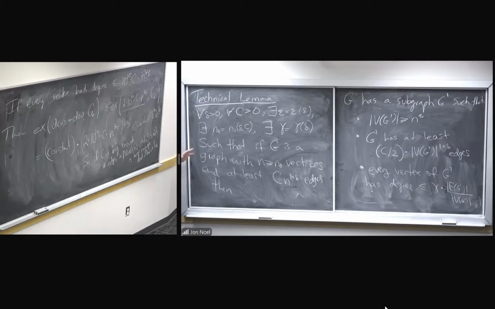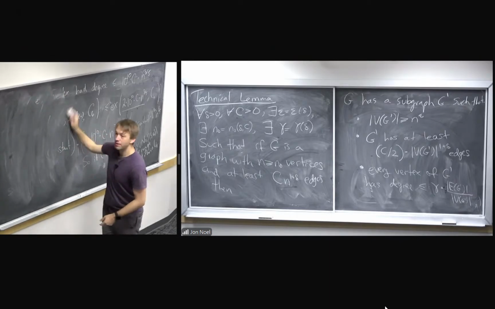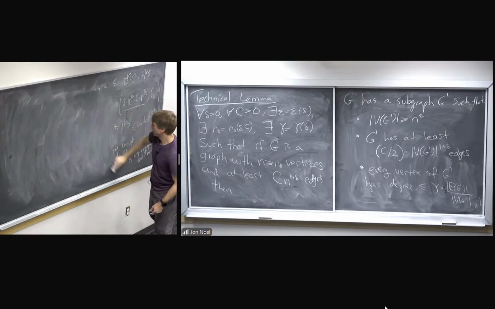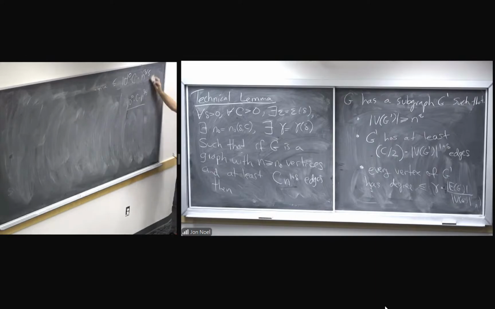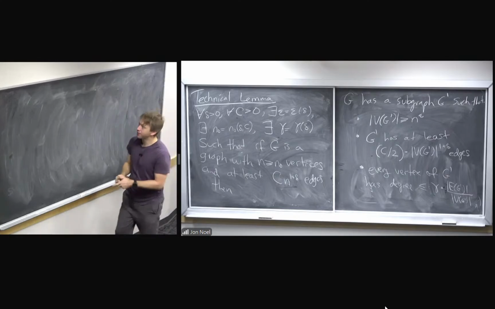Okay, so maybe I should say how we apply this in this proof. So going back to the theorem about the cube, if we go back to the beginning, we should still, as we did before, go from G to a bipartite subgraph.